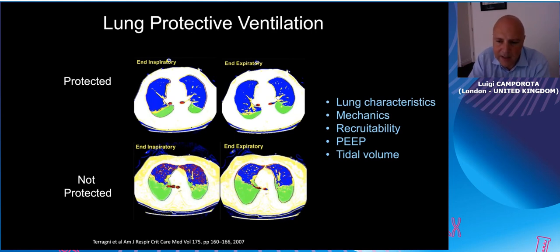There might be more or less recruitability, more or less PEEP, and therefore the tidal volume that we add on top of this patient might determine the level of lung protection.